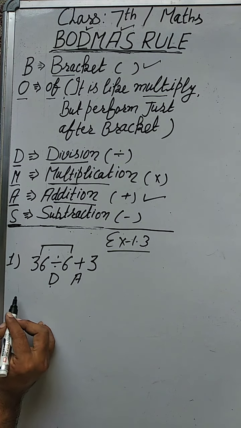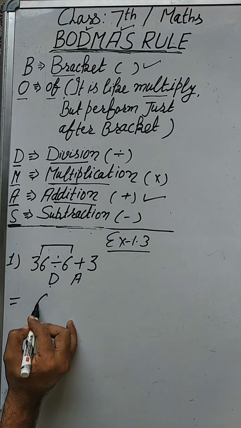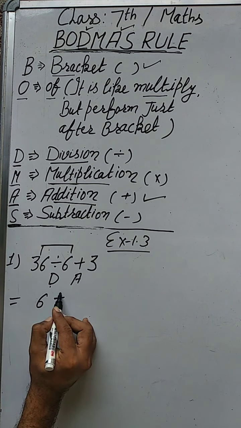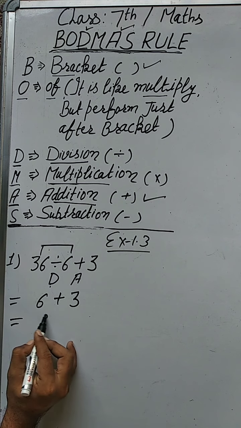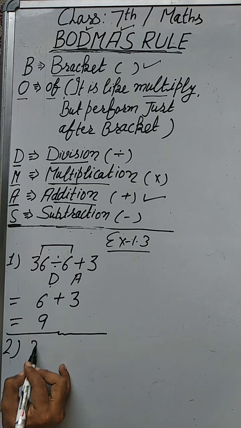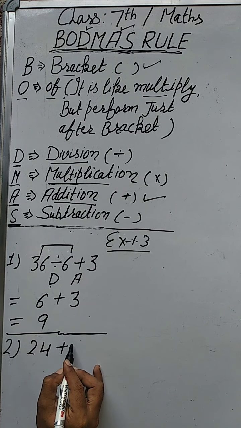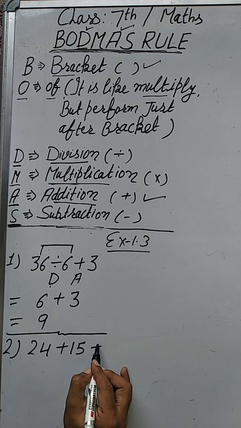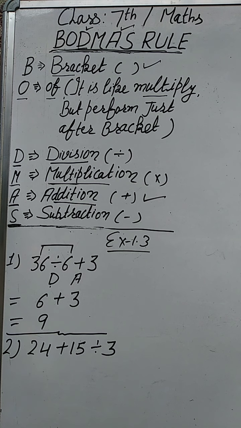So 36 divided by 6 is equal to 6, plus 3, and 6 plus 3 is equal to 9. Very easy. And your second question, 24 plus 15 divided by 3.